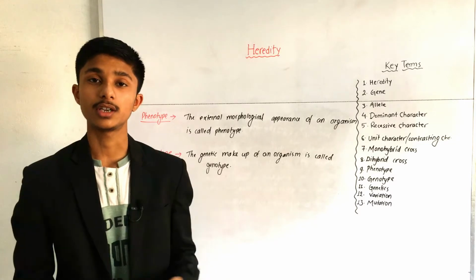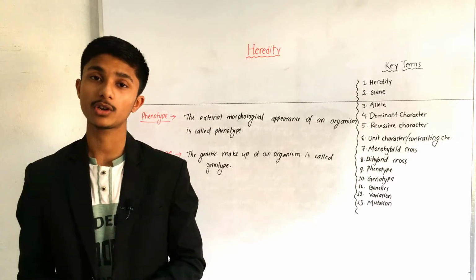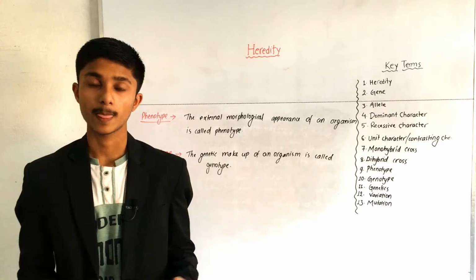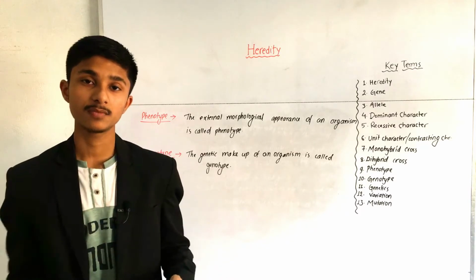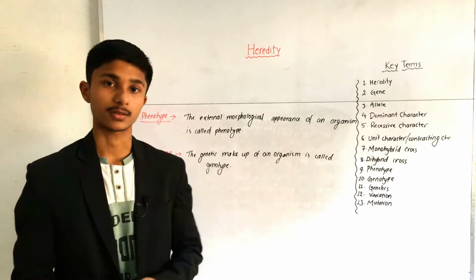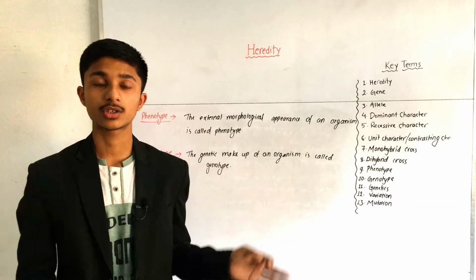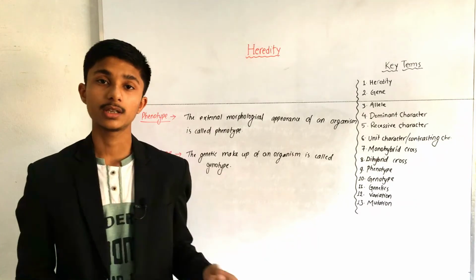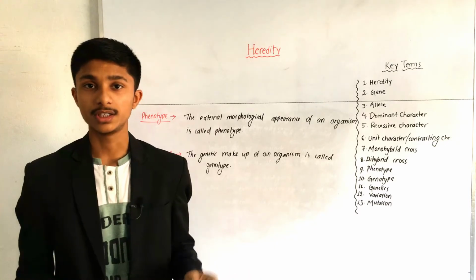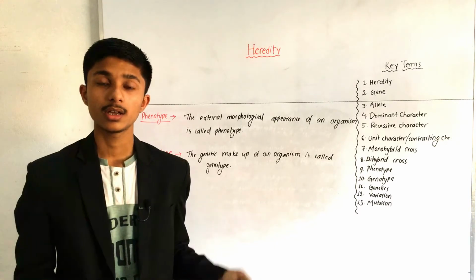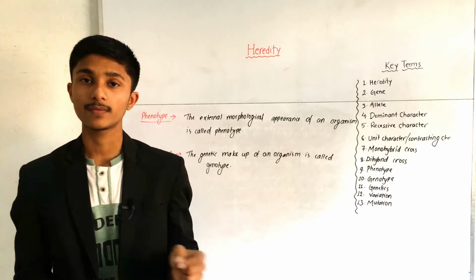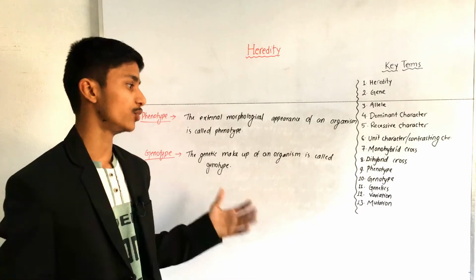Variation is the difference in the genotype or phenotype of an organism in successive generations. Mutation. What is mutation? The sudden permanent change in the DNA or gene that alters the genotype or phenotype of an organism is called mutation.